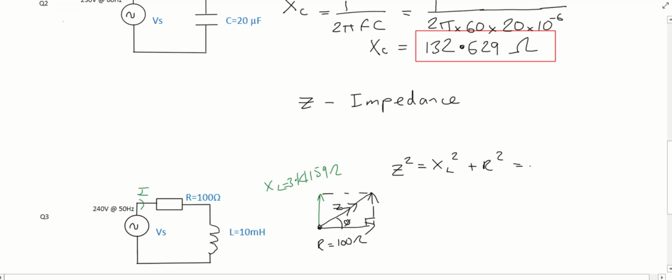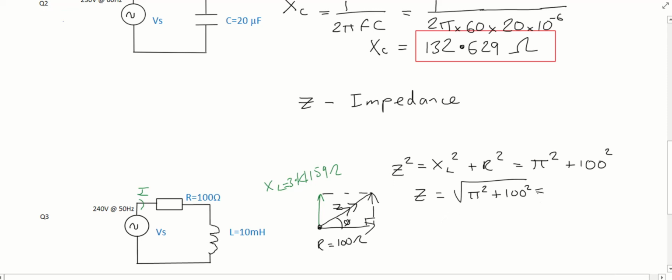So that is 3 pi. It's best to really keep that in there for accuracy, as pi squared plus 100 squared. So Z is equal to the square root of pi squared plus 100 squared.